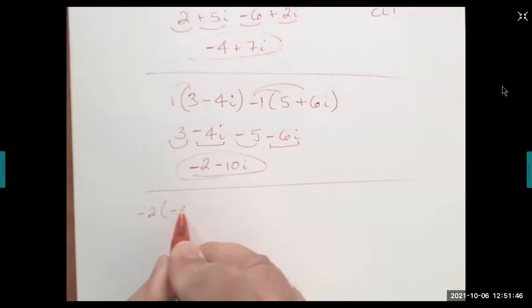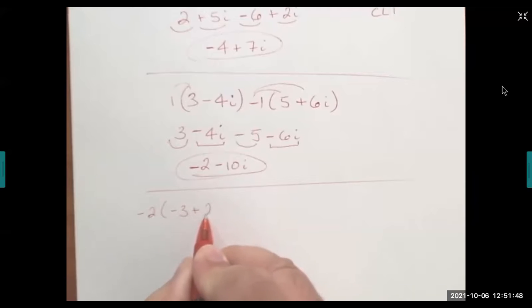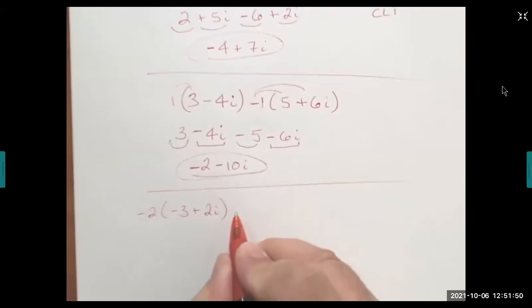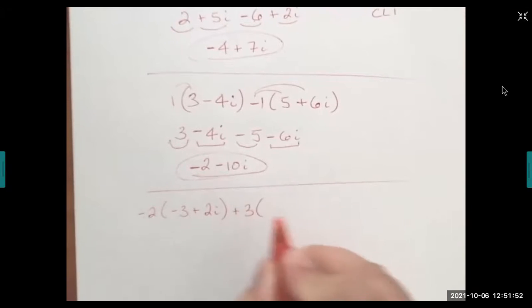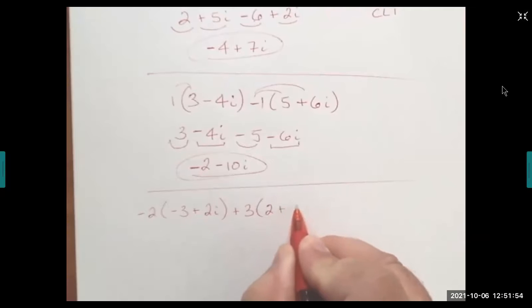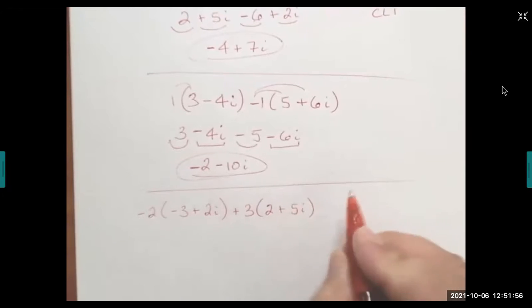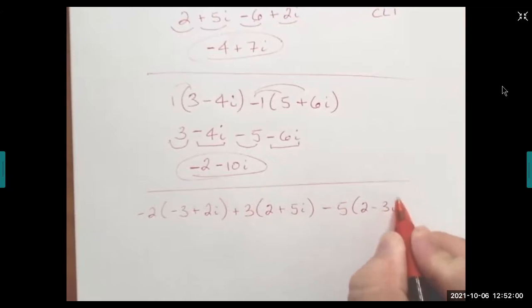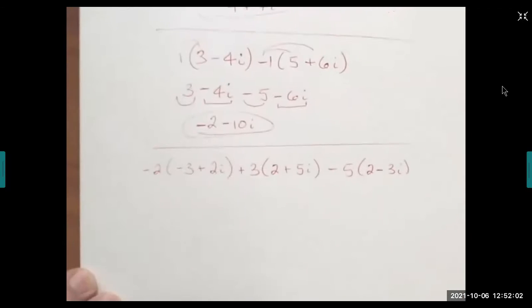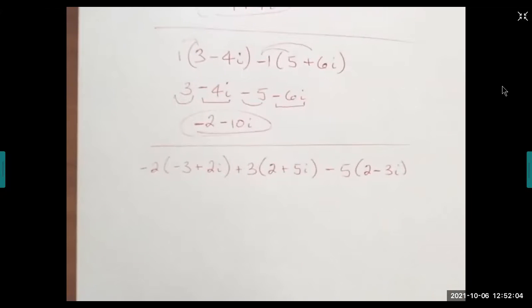2(-3 plus 2i) plus 3(2 plus 5i) minus 5(2 minus 3i). You don't have to stay with only two numbers.